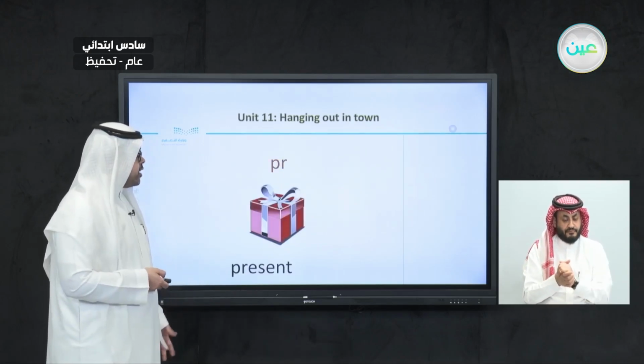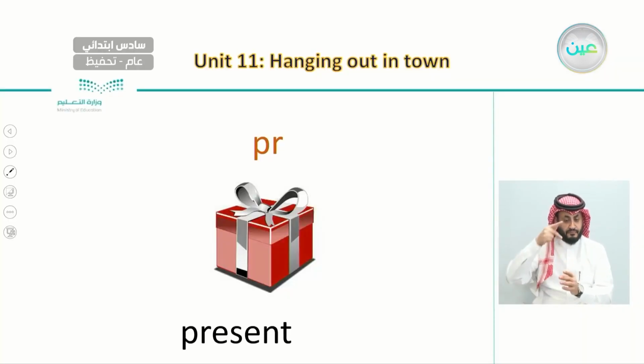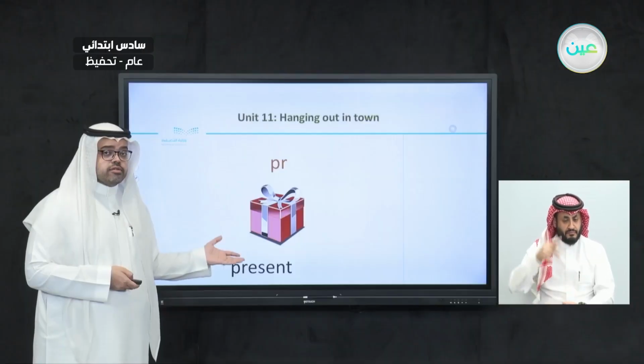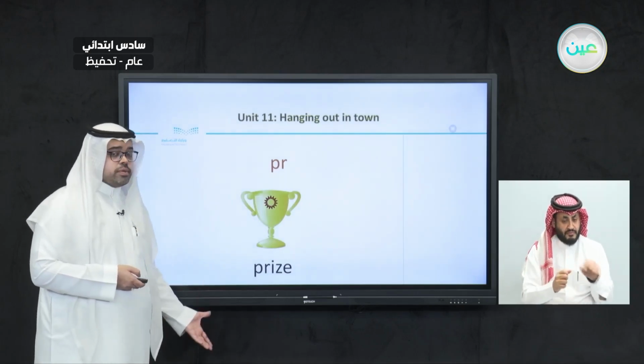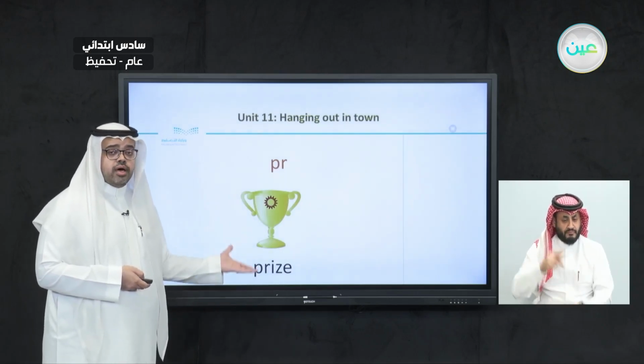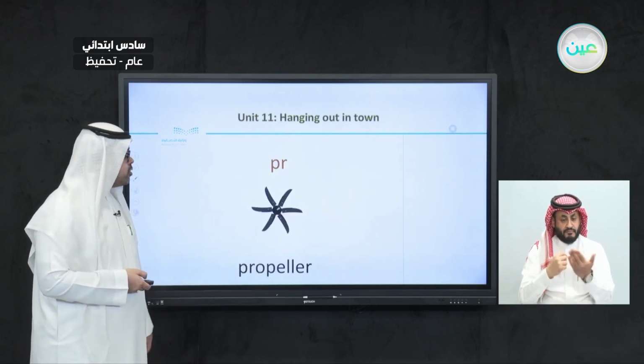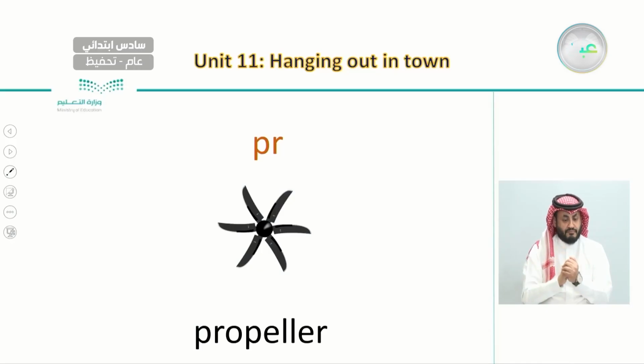The second blend starts with P and R, like present, present. And the next one that starts also with P and R, like prize, prize. And the third word that starts with P and R, which is propeller, propeller.